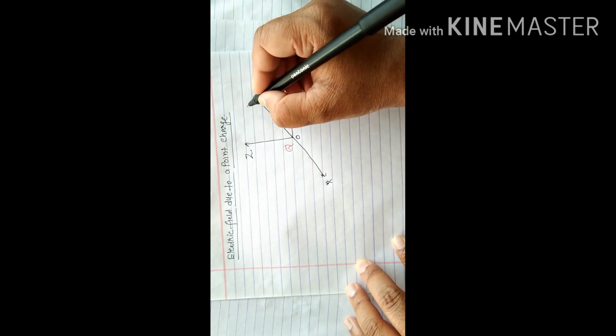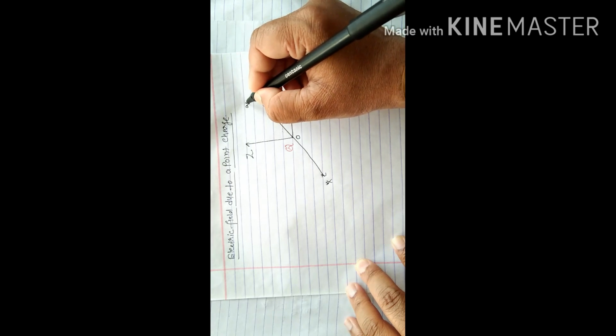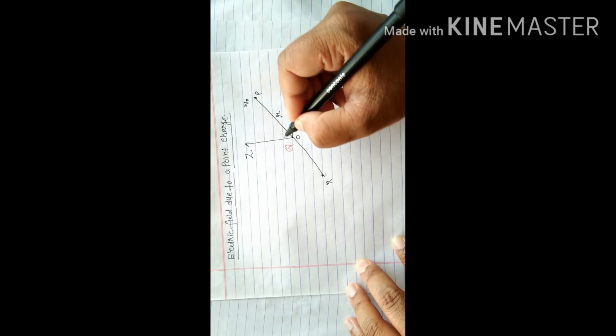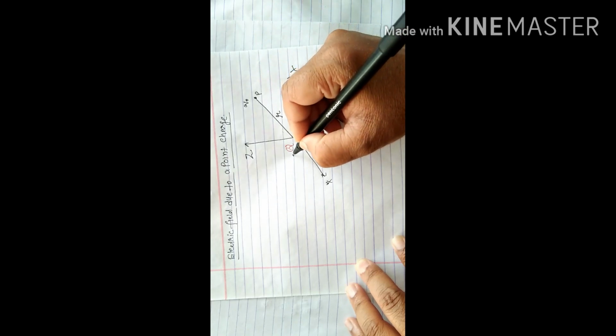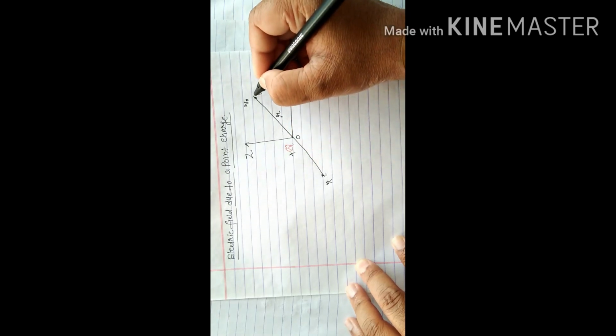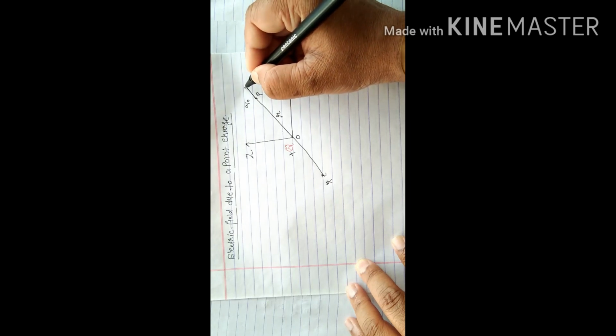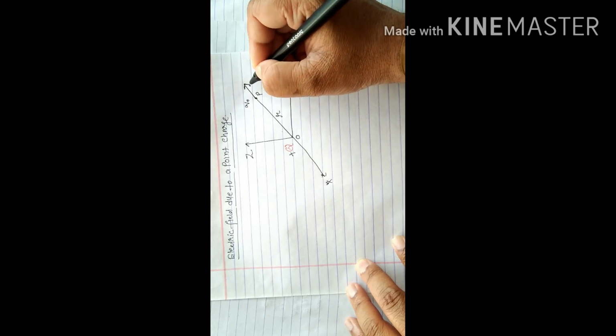So at point P we place a test charge. Let's consider that the test charge is Q naught. Because we have taken a positive source charge, the direction of this electric field E will be outward.